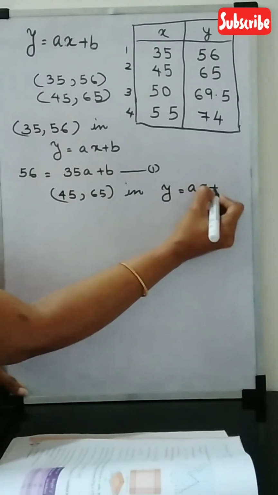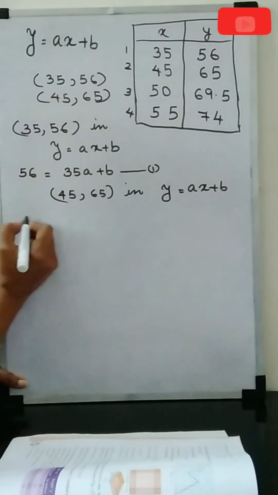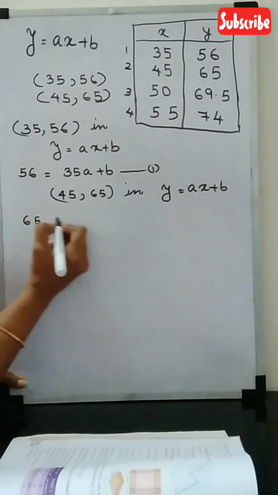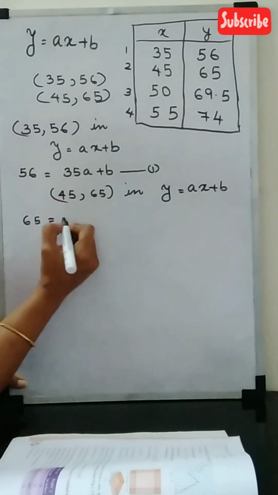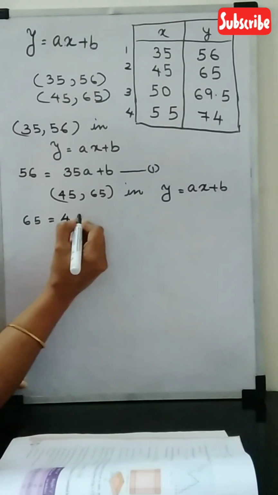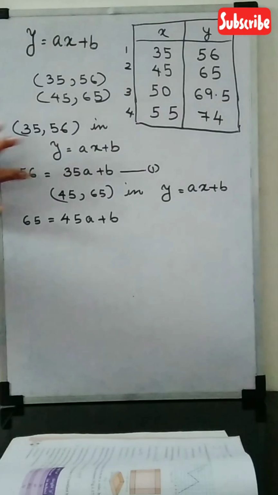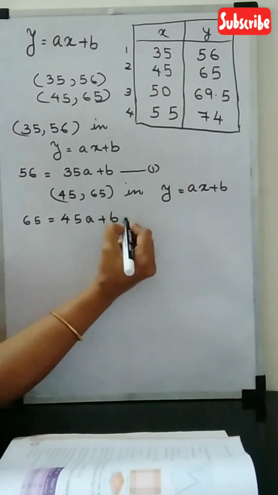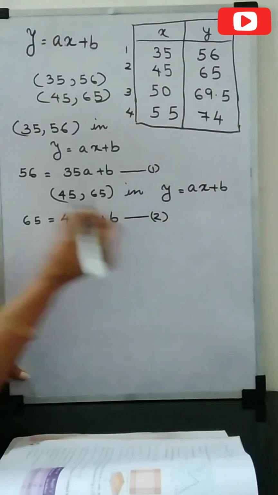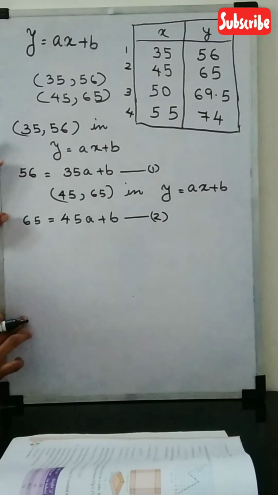Here the value of y is 65 and the value of x is 45. So 65 is equal to 45a plus b. Let us consider this equation as equation number 2. Okay? So from this, how do we find the values of a and b?